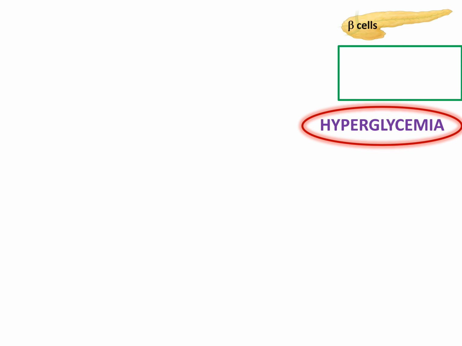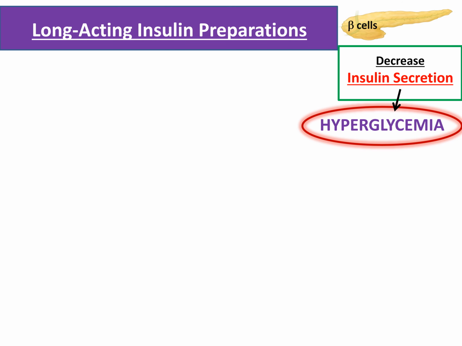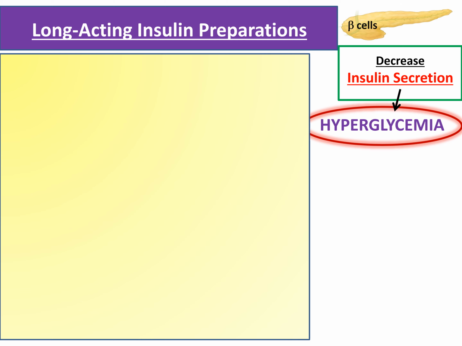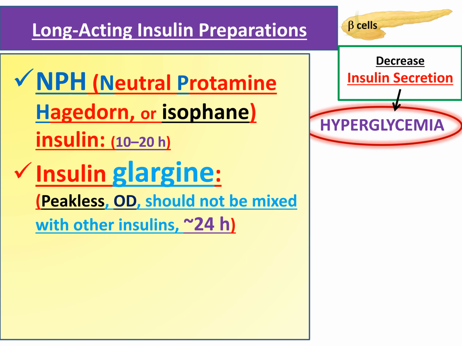The other types of insulin preparation we have are the long-acting insulin preparations, but first we have the one we consider intermediate, the NPH insulin, or the isophane insulin, which works for about 15 hours. NPH is neutral protamine Hagedorn.